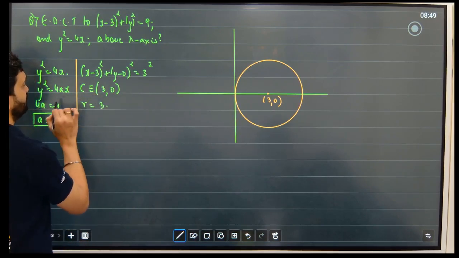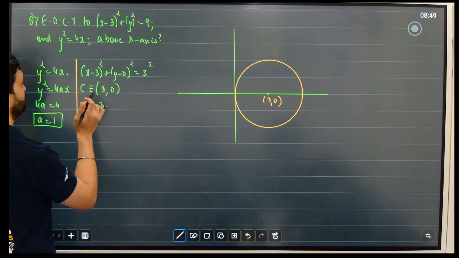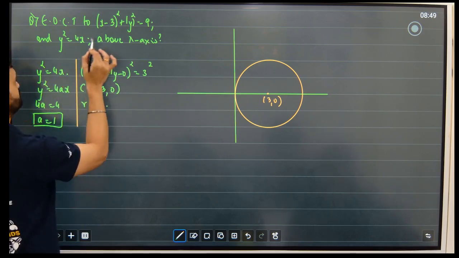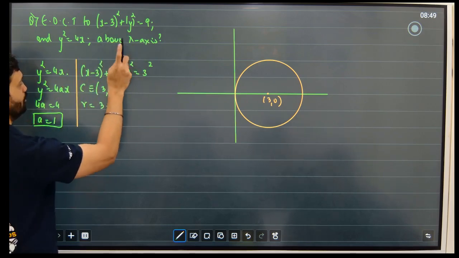If you want to find where they intersect, all you have to do is just substitute for y square. If you want you can try this also.